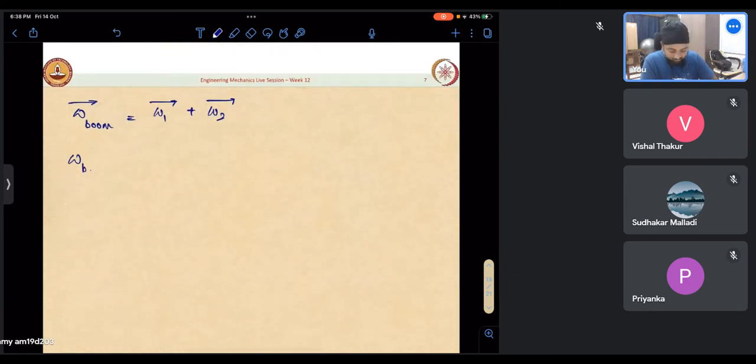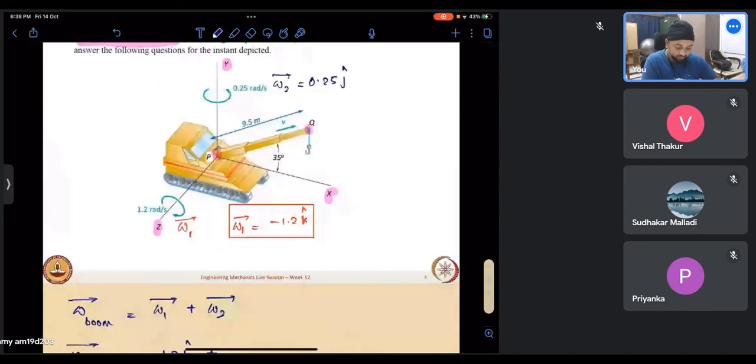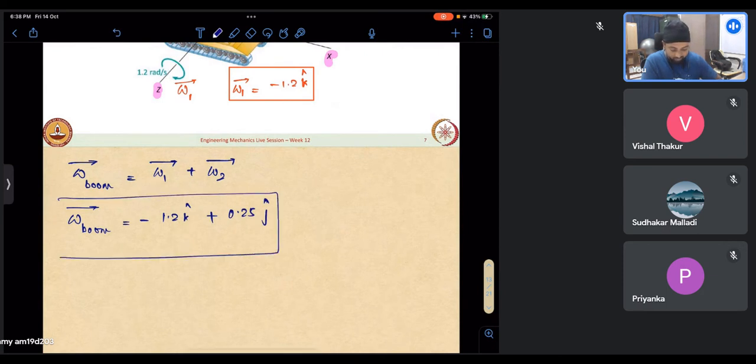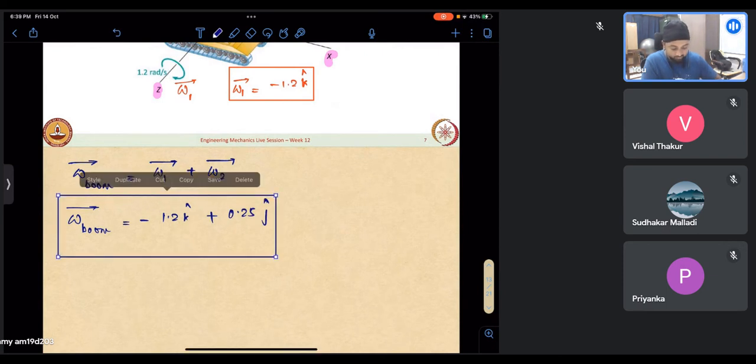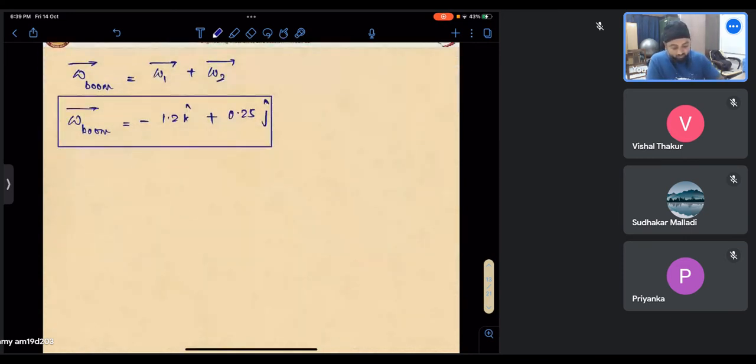So if I were to substitute here, it is minus 1.2 k cap plus 0.25 j cap. This is my total angular velocity. So I can calculate the magnitude from here.